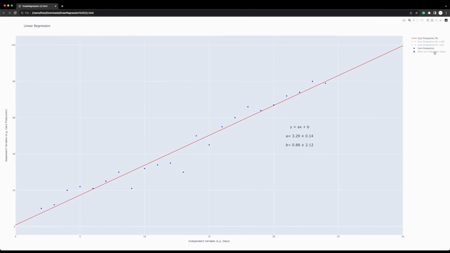By clicking the next car production value, the value is 84. So our model managed to do an amazing job in predicting the next value with just a one car deviation.